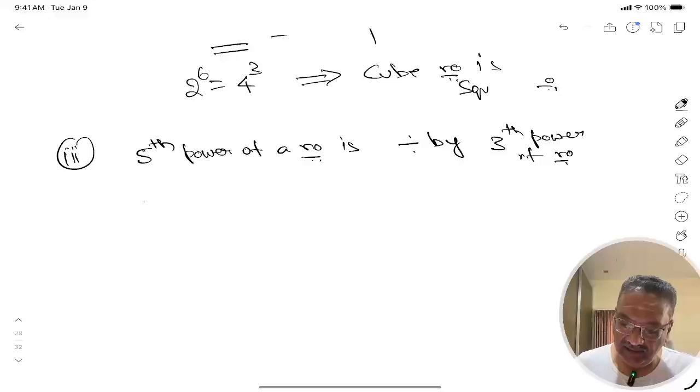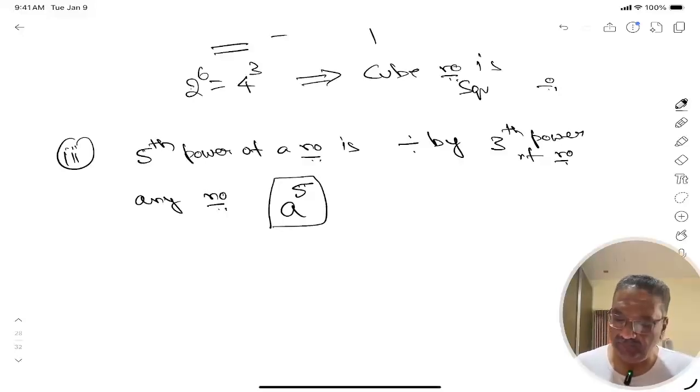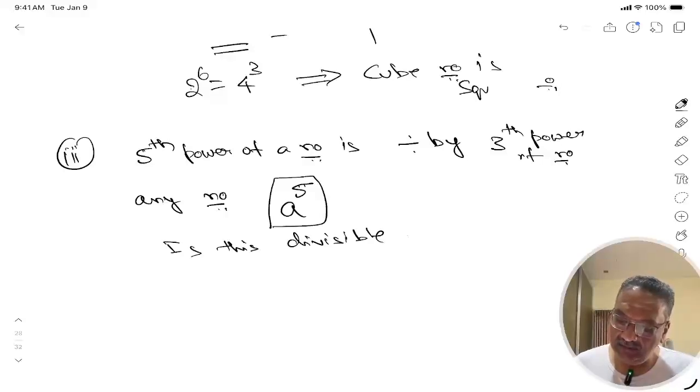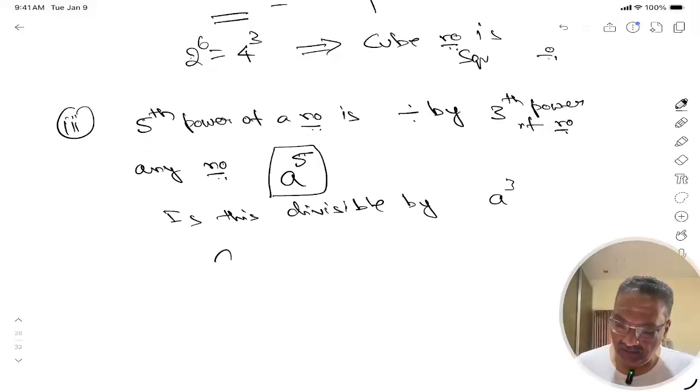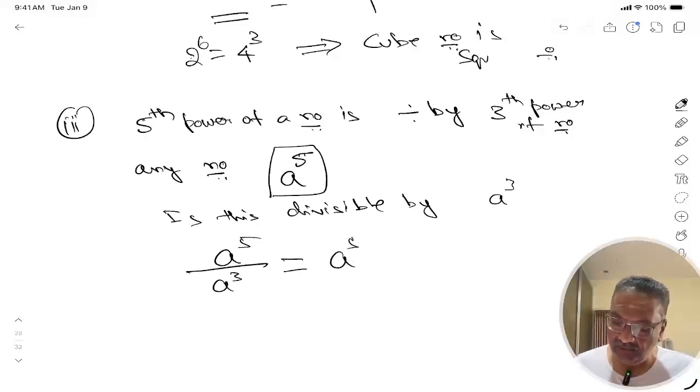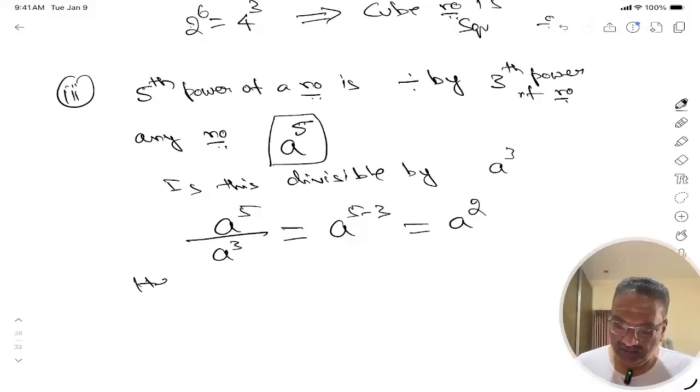That is, any number, let me take it as a. Fifth power will be a to the power of 5. Now, is this divisible by its third power, the cube of the same number? Yes. So a to the power of 5 divided by a cube is equal to a to the power of 5 minus 3, which is a to the power of 2. So here, no remainder.